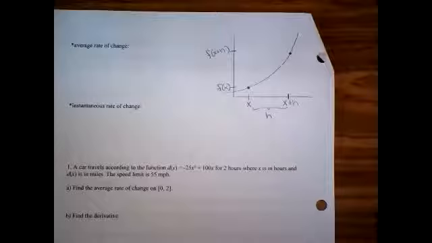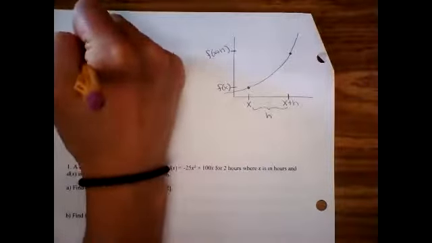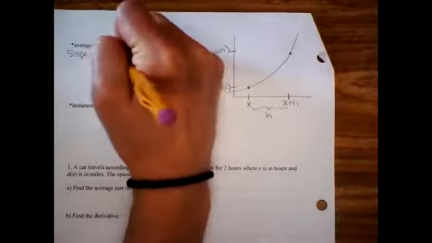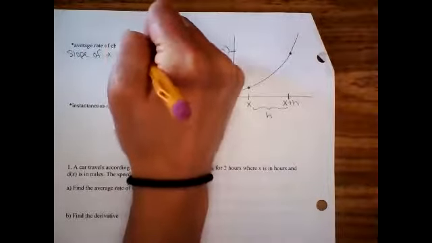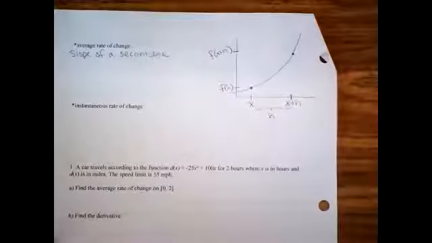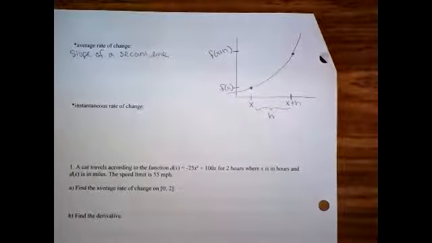All right, so your average rate of change is your slope of what's called a secant line. And a secant line hits the graph at 2 points.